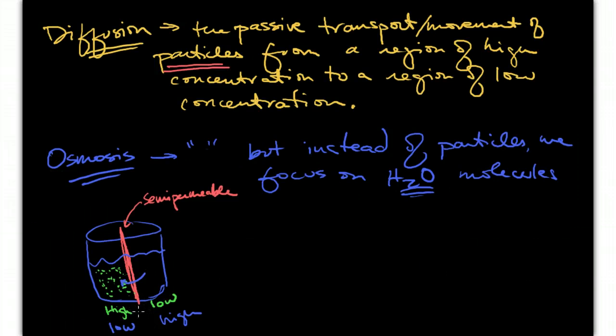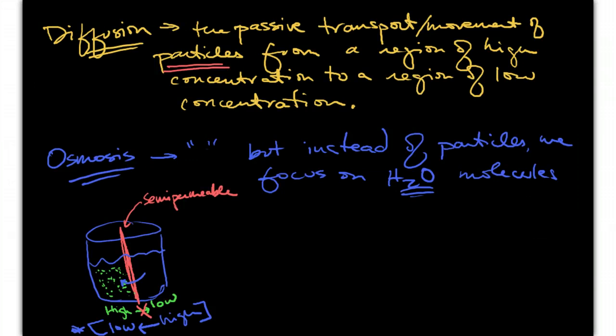What would normally happen in diffusion is that the salt would move across. But salt can't move across this membrane. So instead, water is going to move from its high concentration to its low concentration, which happens to be from low solute concentration to high solute concentration. Remember, osmosis is about the water, and that's what we're focusing on.